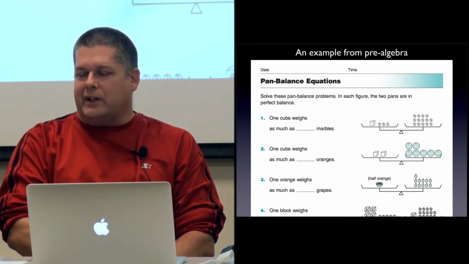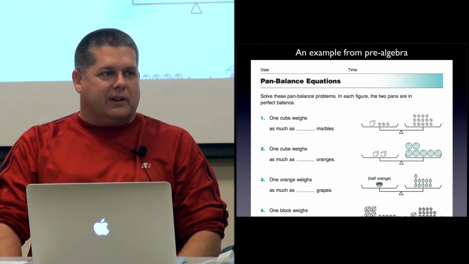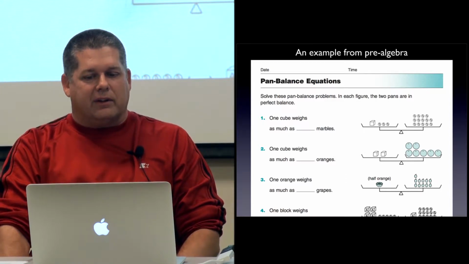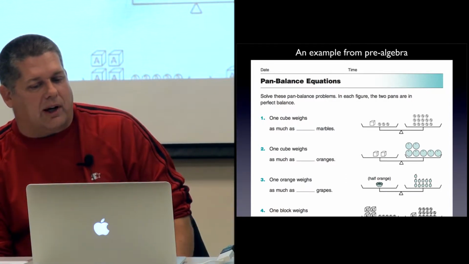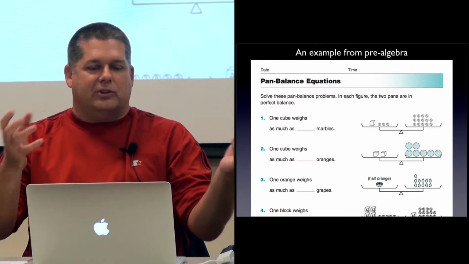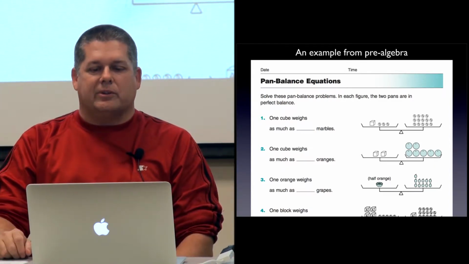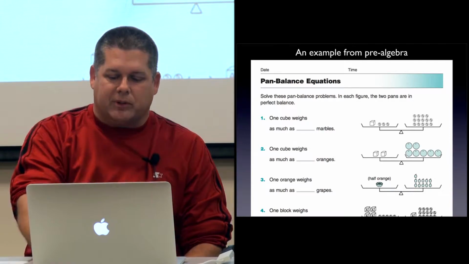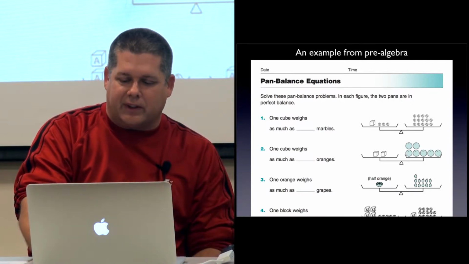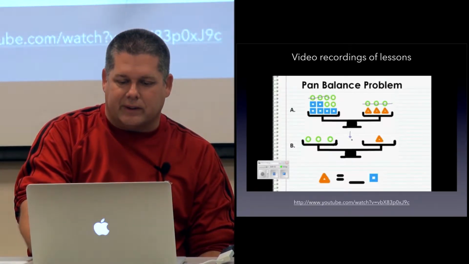One of the common ways, and I think Bree told me that last week you talked a little bit about these pan balance problems, this idea of what you do to one side of a pan you need to do to another in pre-algebra in order to keep the two sides equal.